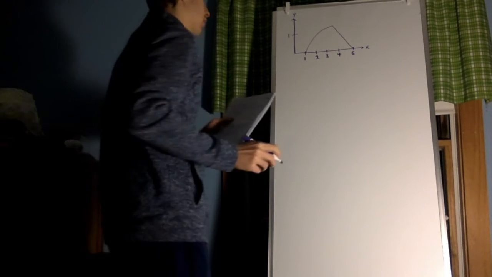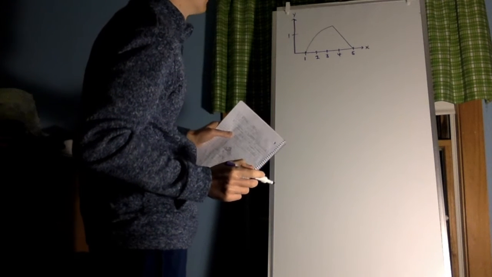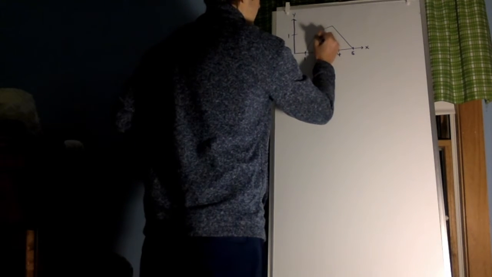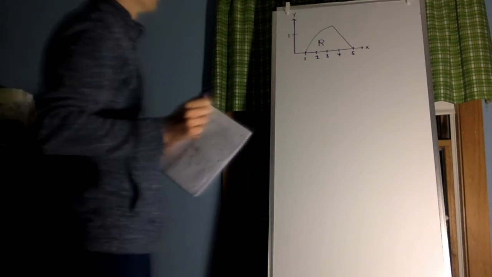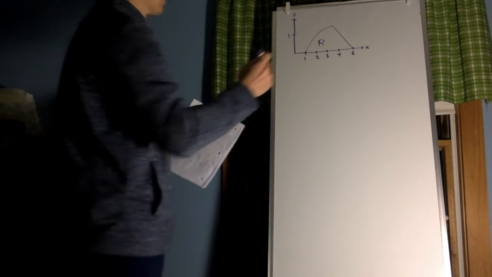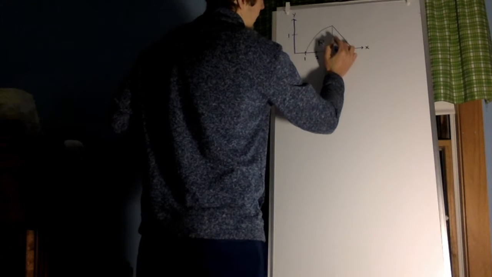So first thing we want to do is recognize that really this area R right here is the sum of two different regions, separated by this line right there.